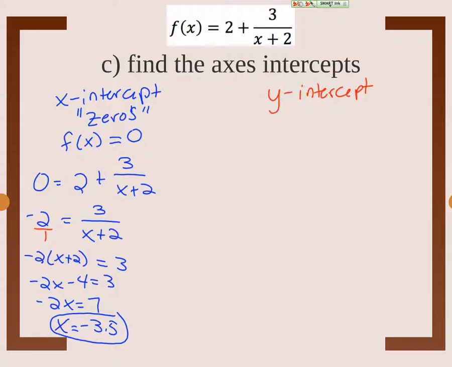So then our y-intercepts, remember to do our y-intercepts, that's when x equals 0. So we'll go ahead and put 0 in for x. And then we want to simplify that.